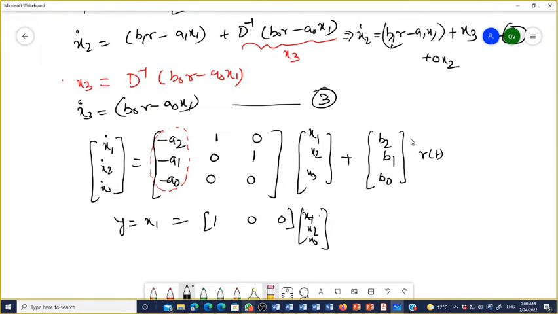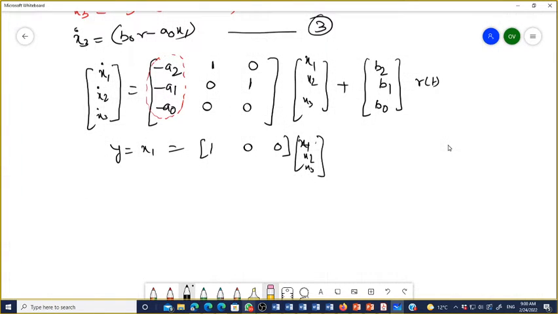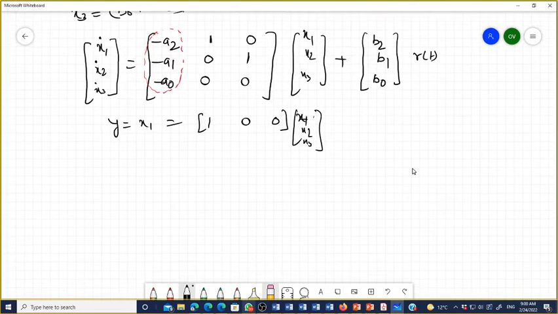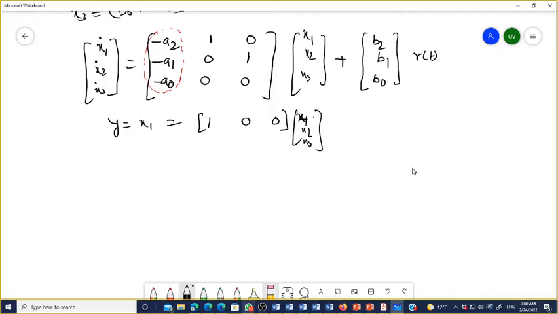Now it is time to just draw the SFG with the help of this equation. So let's say we are trying to make it clear. How many state variables are there? 3. Y we are taking from here, right?